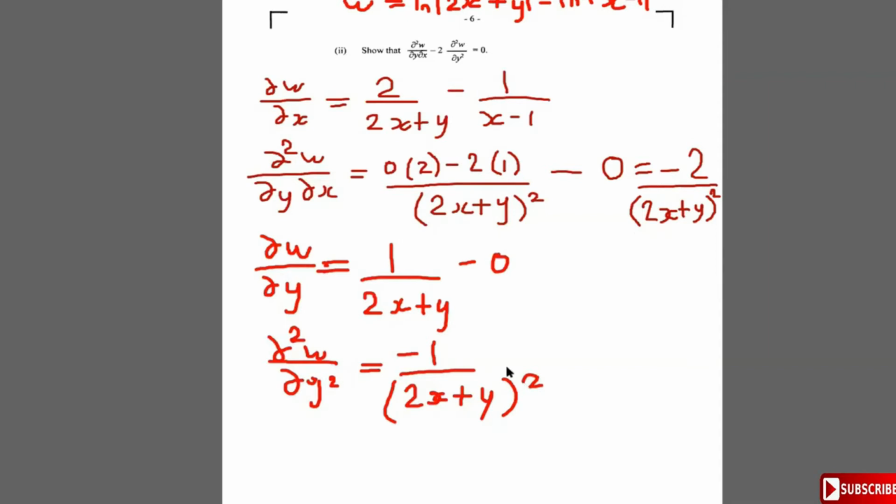Looking at the question, what we wanted to prove is this. So let's see if it's going to be that.